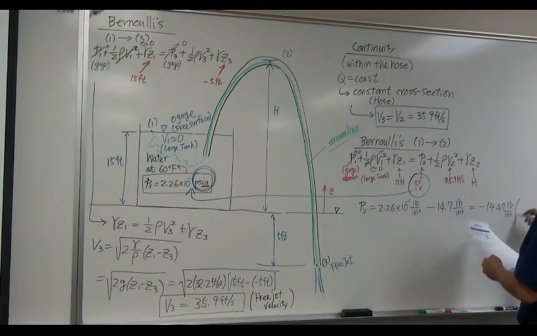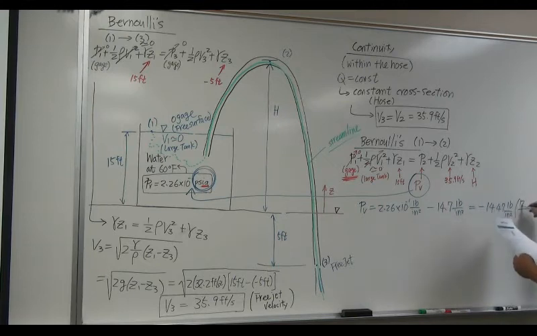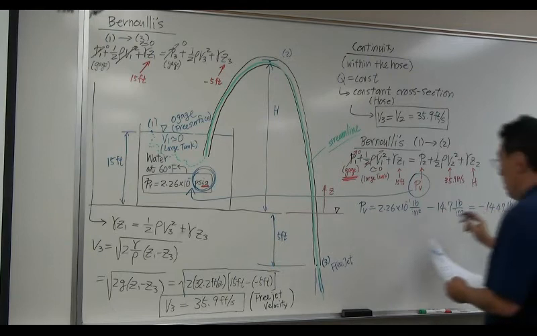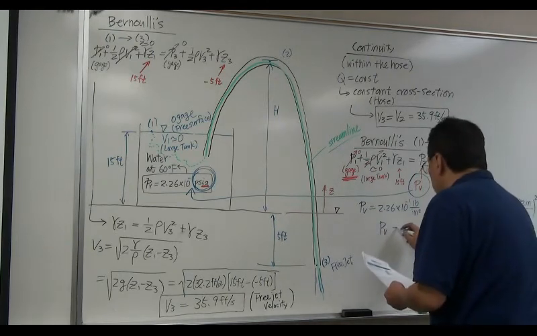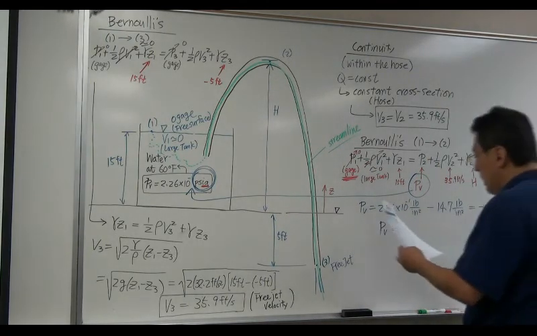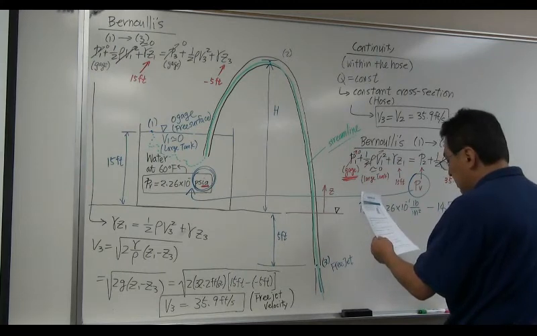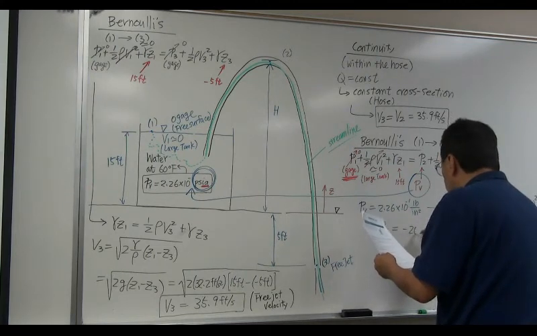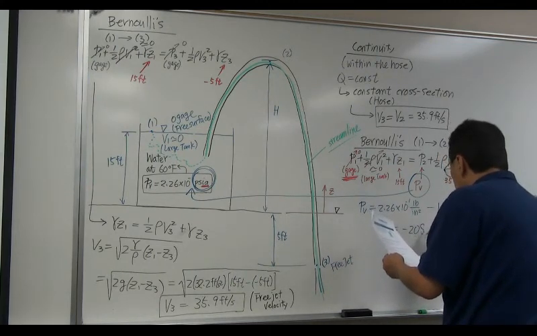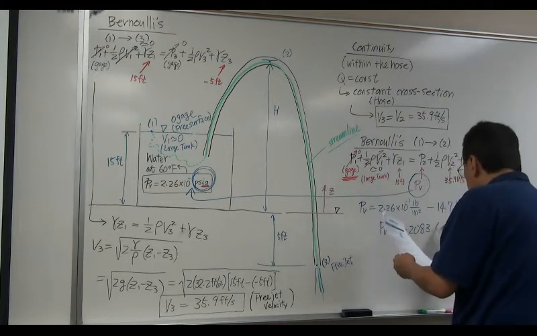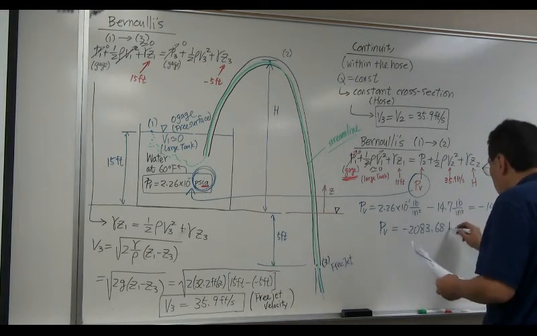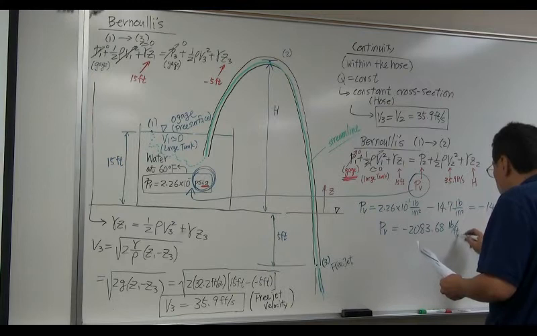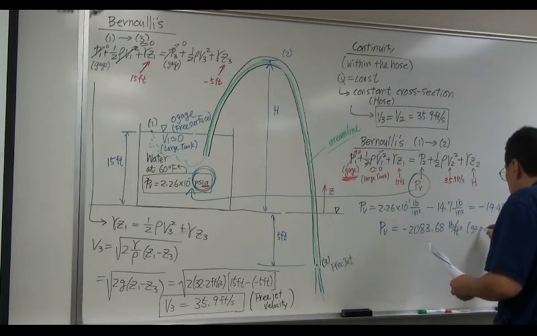This is gauge. Let's convert it to PSF. Conclusion: vapor pressure in gauge in pounds per square foot is minus 2083.68 pounds per square foot. This is gauge.